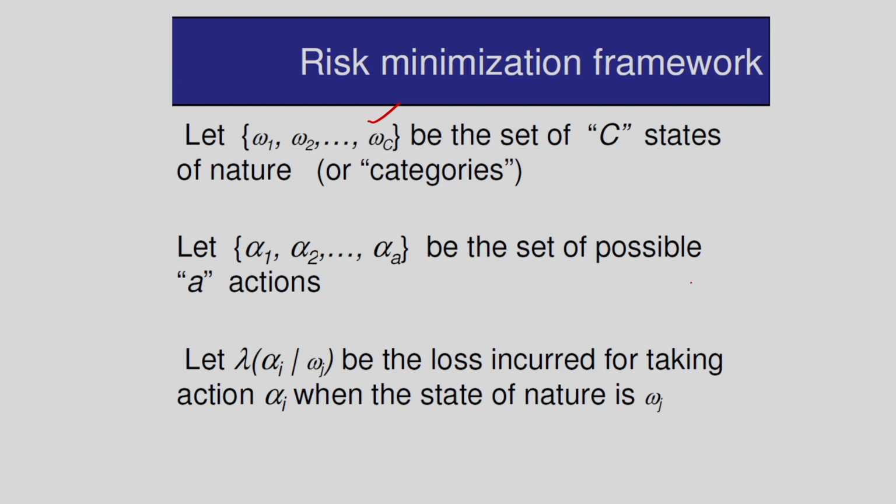I will explain. Suppose x is the feature vector and x may belong to a particular class. I am considering the classes like this. Suppose W1, suppose W2. So W2 is the true class, true state of nature.